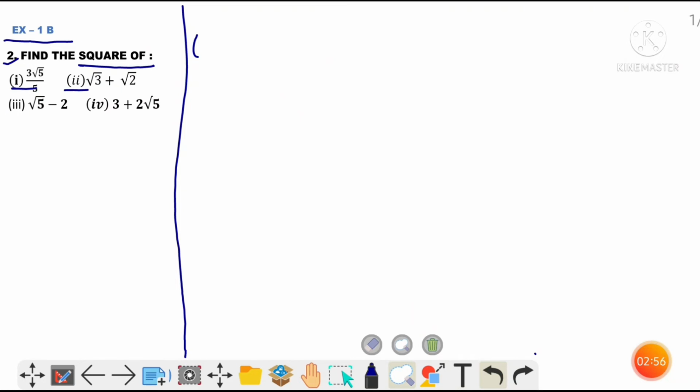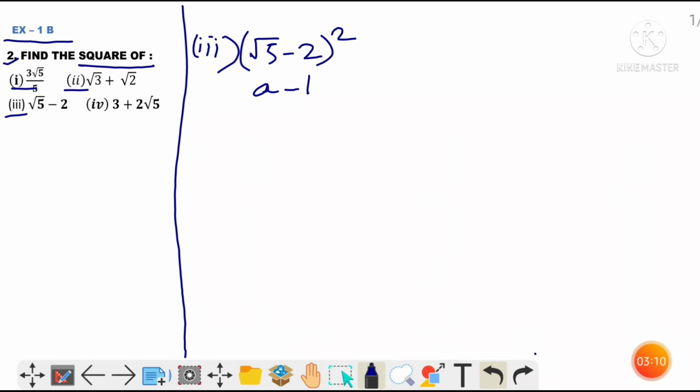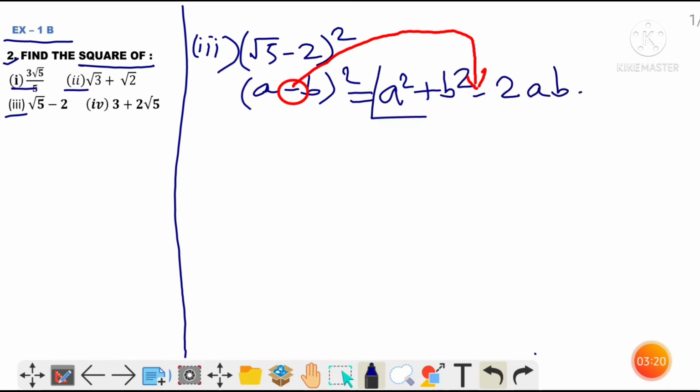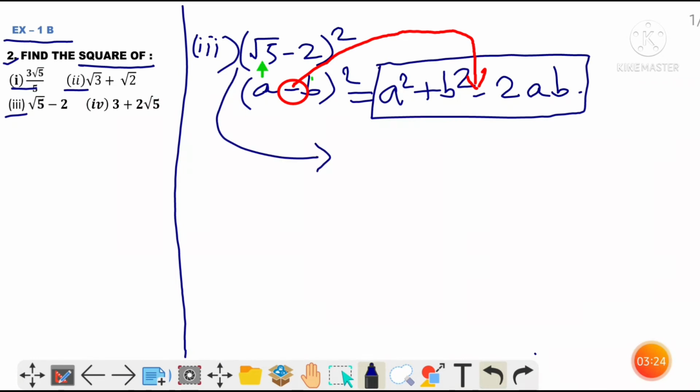The next question is question number 3. It is root 5 minus 2. By squaring, we'll get the formula a minus b whole square is equal to a square plus b square minus 2ab. So here a is root 5 and b is 2.